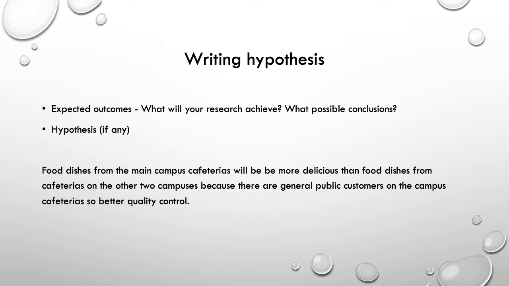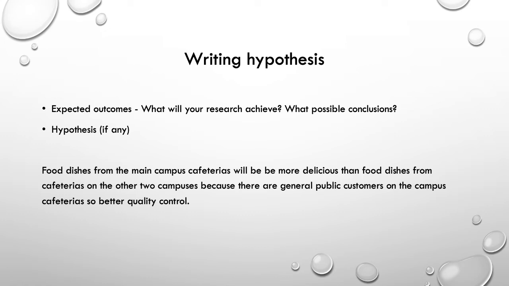For this example, I wrote food dishes from the main campus cafeterias would be more delicious than food dishes from other cafeterias from the other 2 campuses. And here is where I give the reason, because a good hypothesis would give a reason, because you want to persuade your readers why you think results will happen based on your good reason.